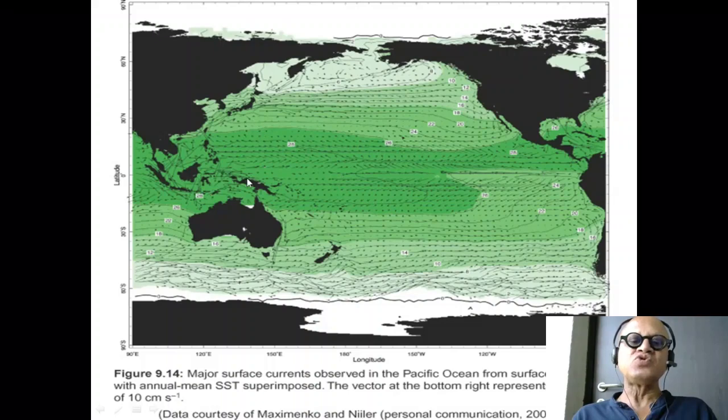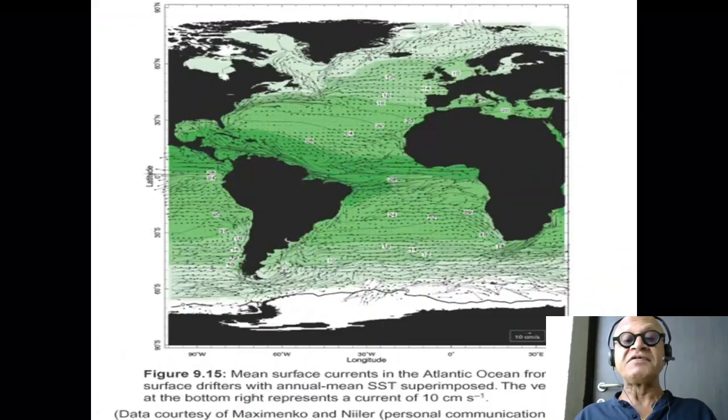The other thing that's unique about the Pacific is that there is a direct exchange of water from the Pacific into the Indian Ocean through these Indonesian seas, which is called the Indonesian throughflow, which we will run into when we do the so-called thermohaline or density-driven currents. The Atlantic, again, the figure is not so great, but I'll show another one later on.